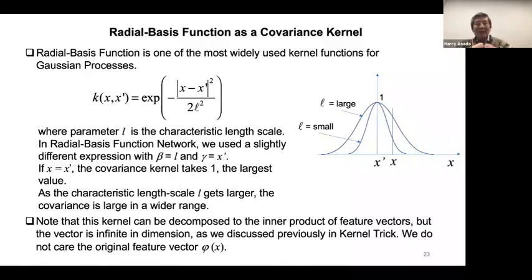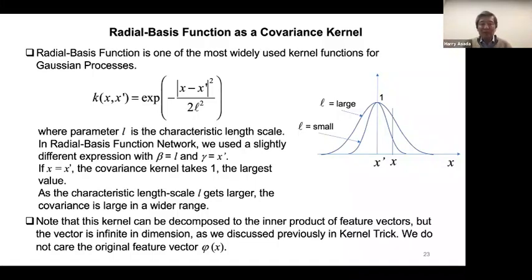It turns out that this exponential divides into two parts, which are basically an inner product. It turns out that phi of x was infinite dimensional. Remember that? Because we expanded the exponential using the Taylor series expansion, and put it into two parts to separate x versus x prime.